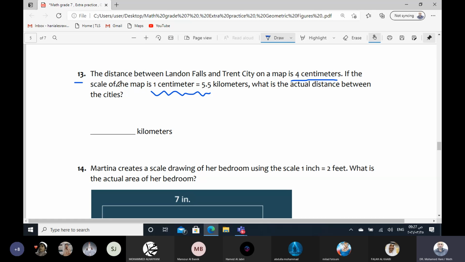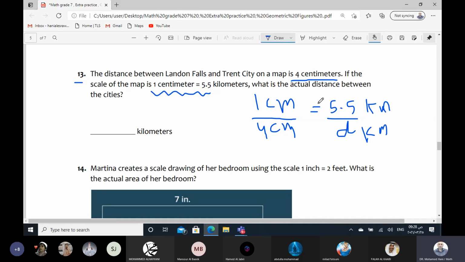We can start from the scale of the map: 1 centimeter equals 5.5 kilometers. And here we have on the map 4 centimeters. What is the actual distance, D, in kilometers?